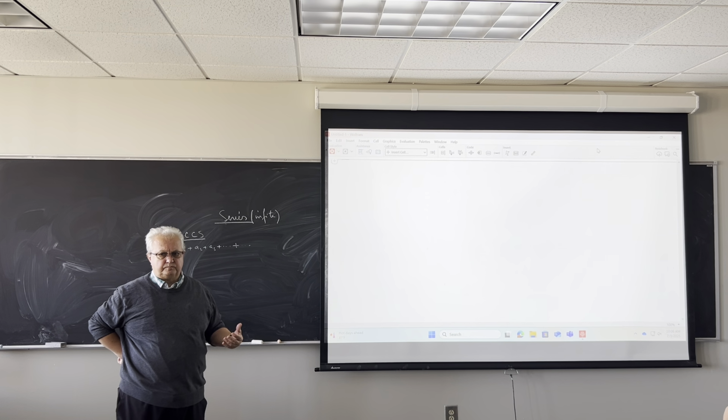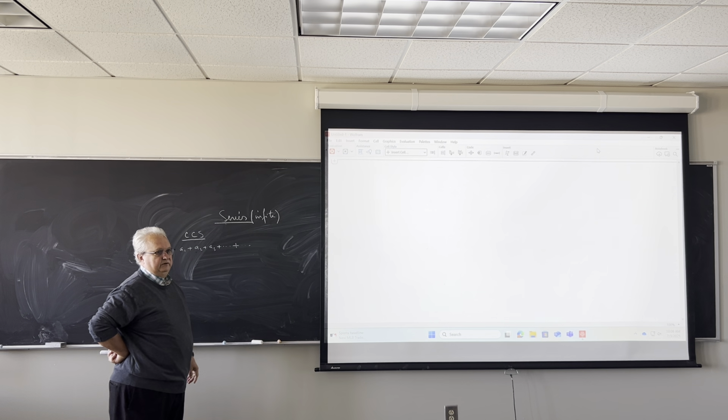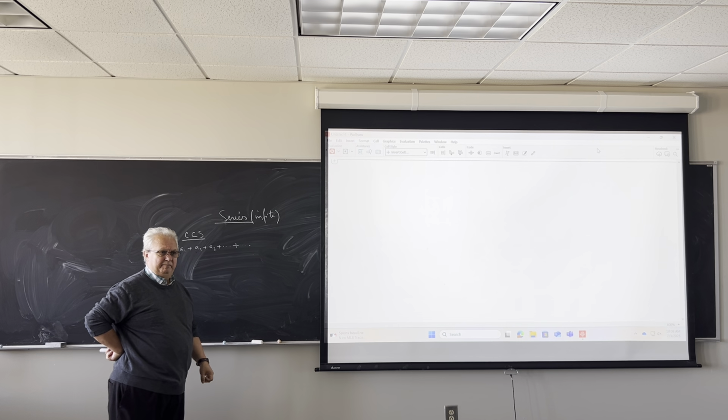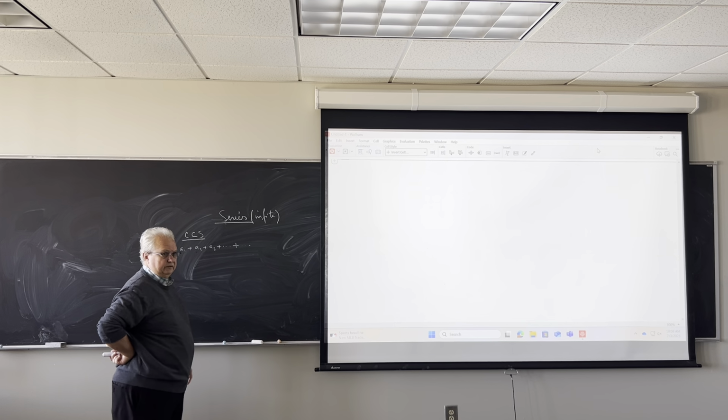If we add A1 and then A3 and then A2 and then A4 and things like that, if it's a finite series, we're always going to get the same answer because of the commutative property and also the associative property. As long as you keep the signs the same, you get the same answer. That's not the same thing with infinite series.